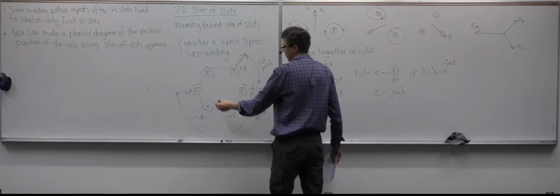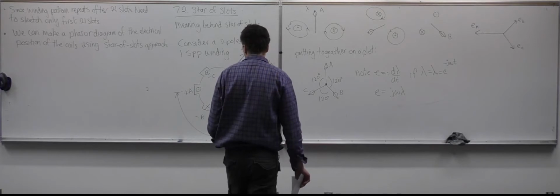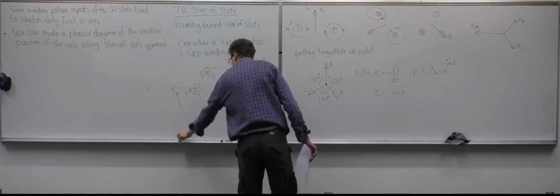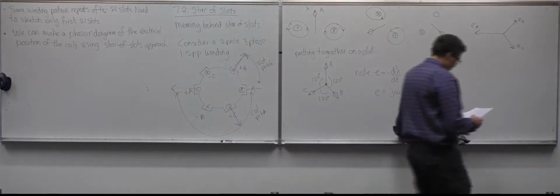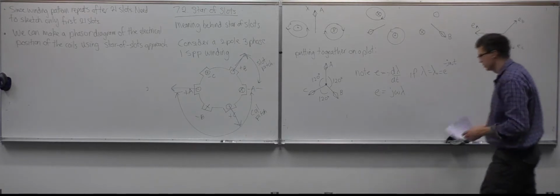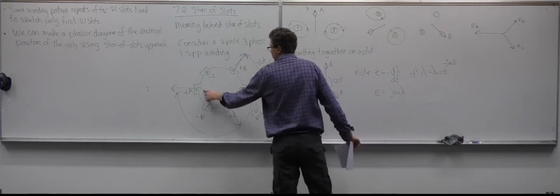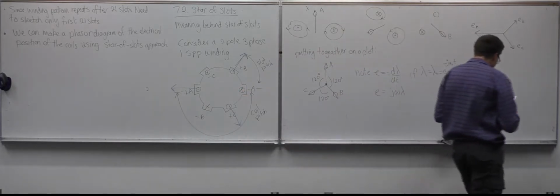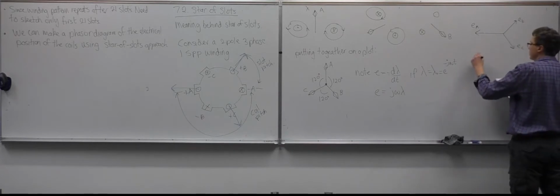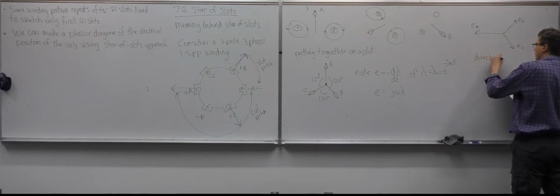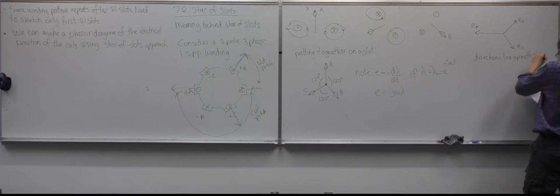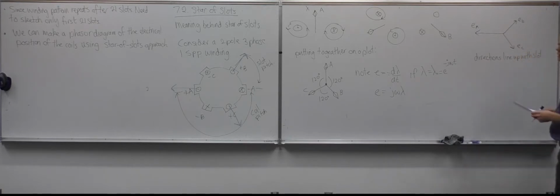So this can be thought of as a vector coming out. Same with this, same with this. So these can be thought of as the directions of the voltage. They correspond to the location of the slot. So the directions line up with the slot.